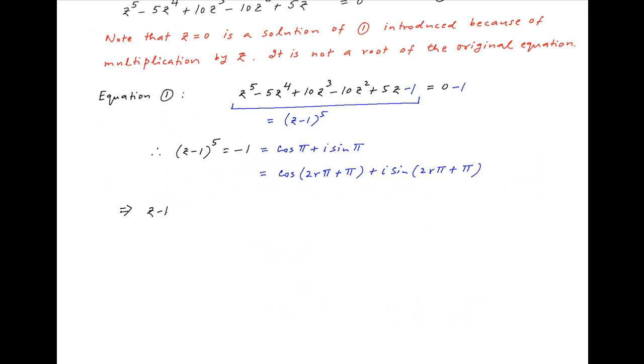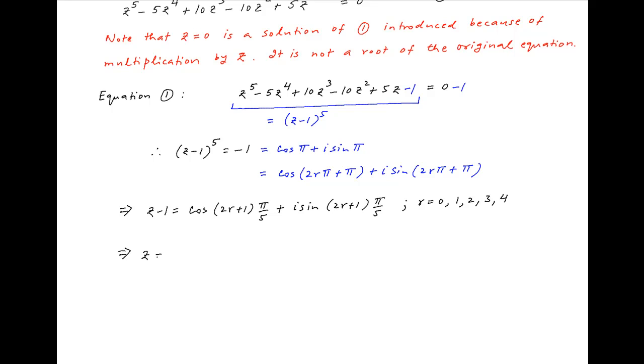Using De Moivre's theorem, it follows that z minus 1 is equal to cos of (2r plus 1) times pi upon 5 plus i times sine of (2r plus 1) times pi upon 5, where r takes on the values 0, 1, 2, 3 and 4.